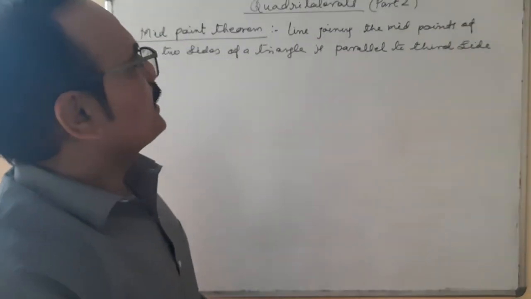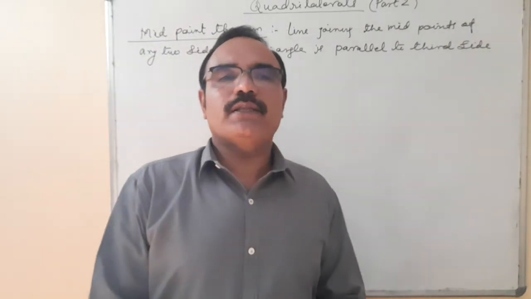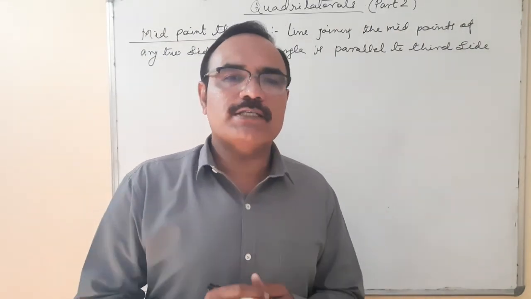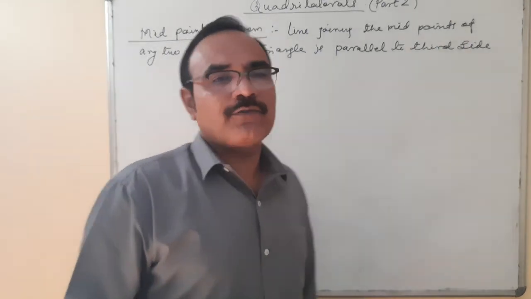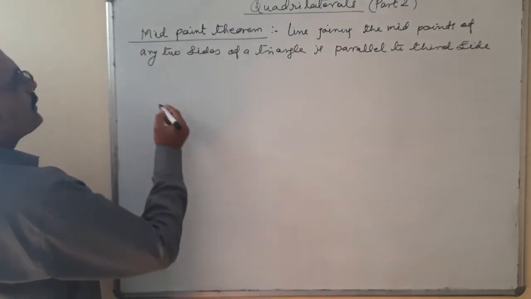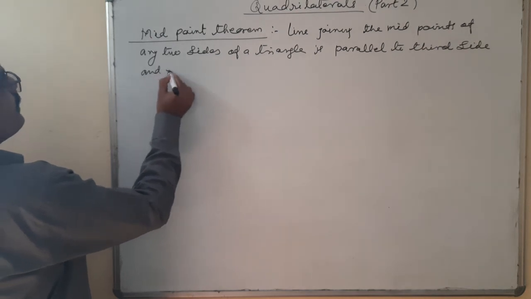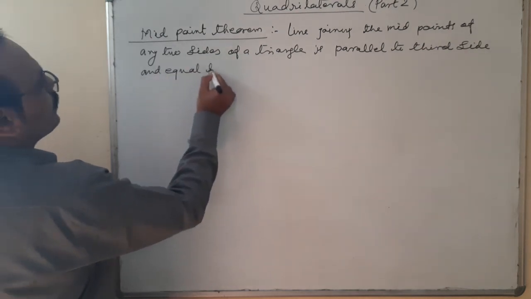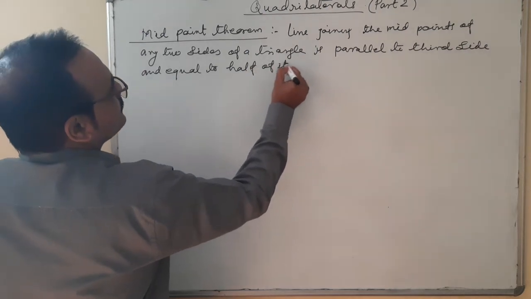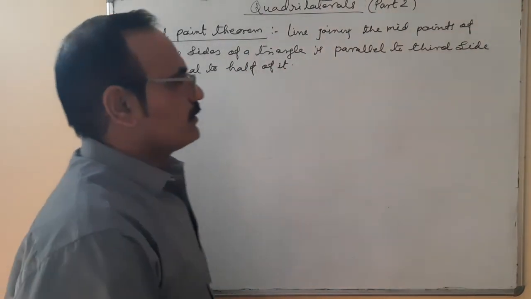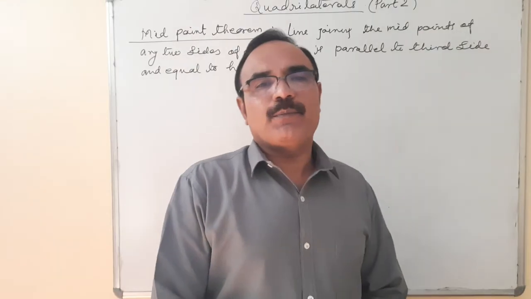Line joining the midpoints of any two sides of a triangle is parallel to the third side and equal to half of it. This also I am including in it, and equal to half of it. This is a statement of midpoint theorem.